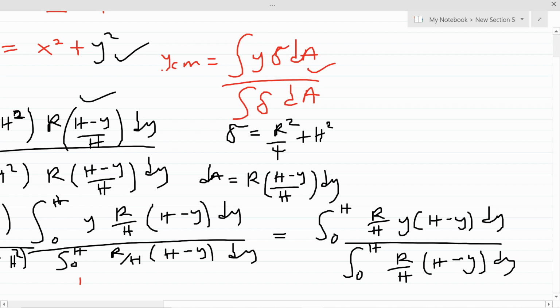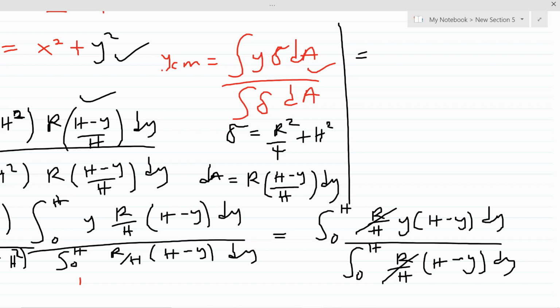Now r over h is also a constant, so I can factor that one out from the top and down. I hope you can see it, or you can do it systematically when you are going through it by yourself. Now I'm writing at the top here.